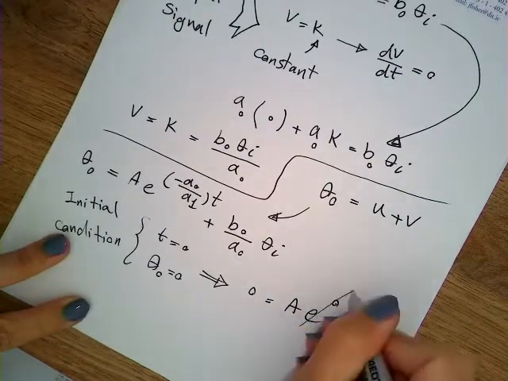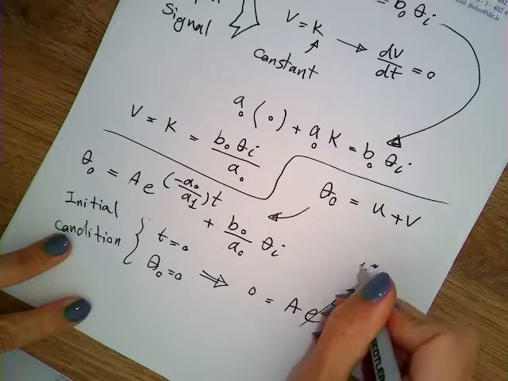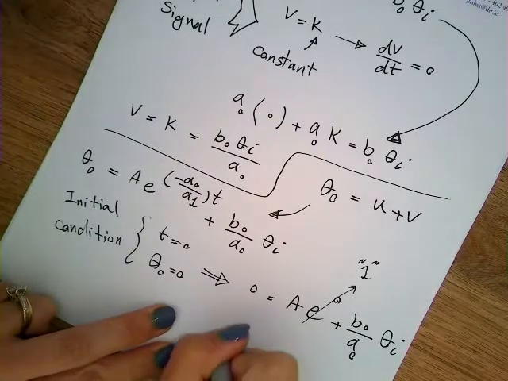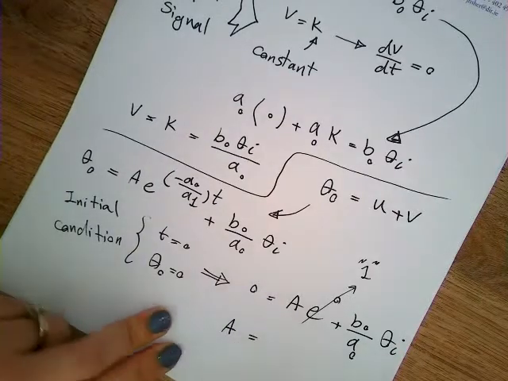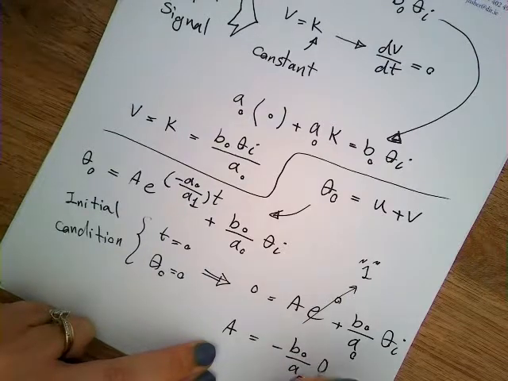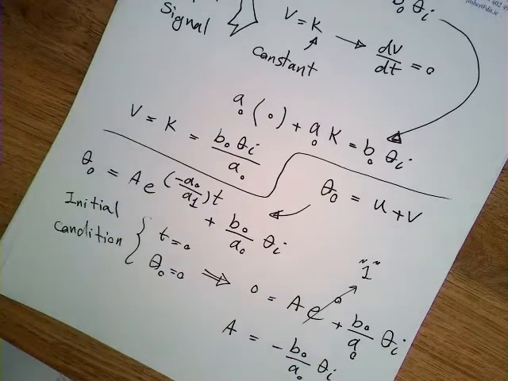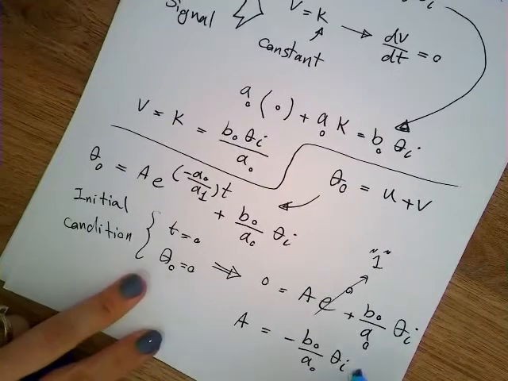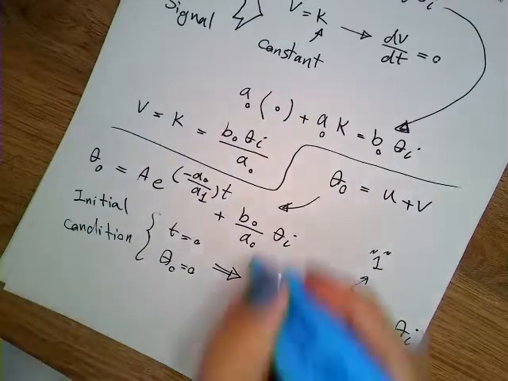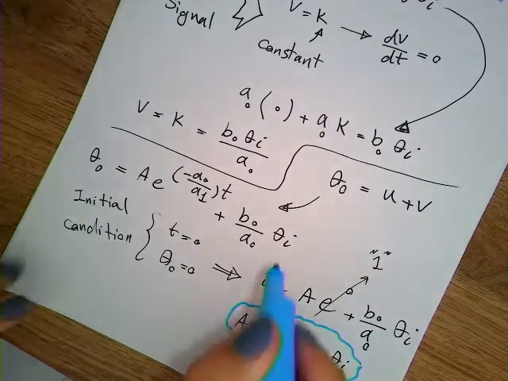That is equal to 1, right? Number 1. Now, A becomes theta I. And that is the value of A, which we can substitute inside that one here.